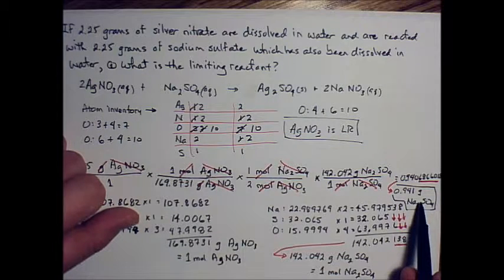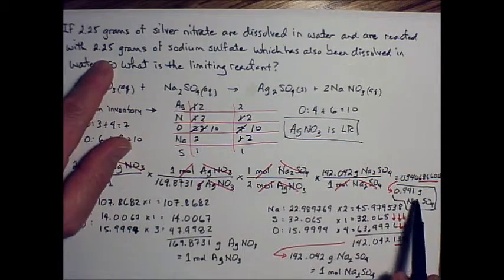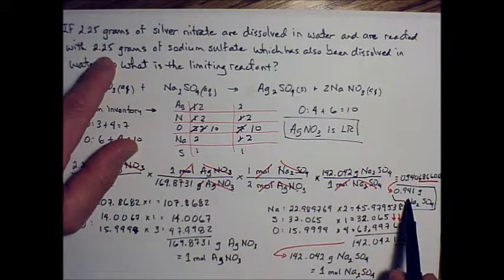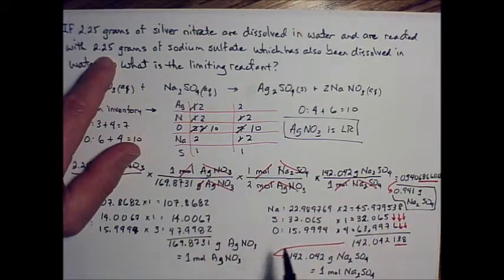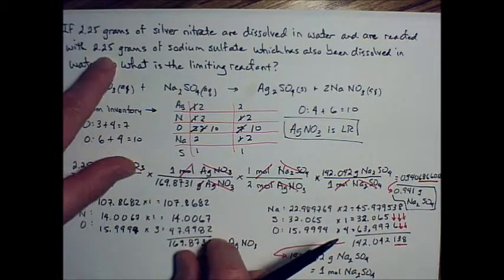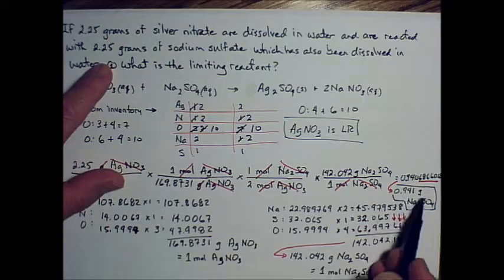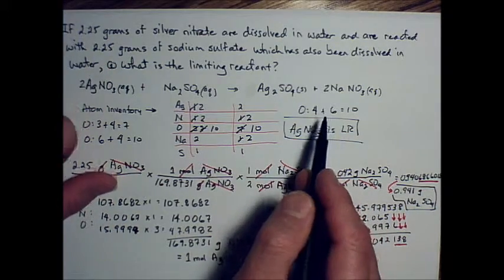Basically, whichever one's bigger, the limiting, the one that's smaller. I would avoid bigger because you've got to compare it to what? You want to make sure you're comparing it to what you're given of that reactant in the problem. Okay. If you understand what you're saying, that's fine. Just be cautious about the application. So in this case, this is our excess reactant, makes the other one the limiting reactant. Okay?